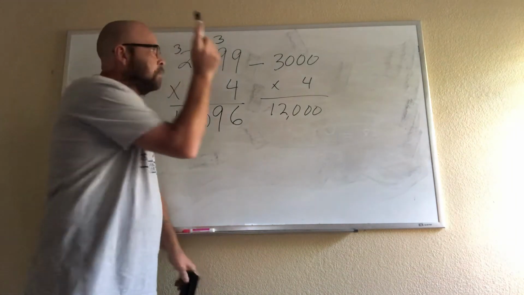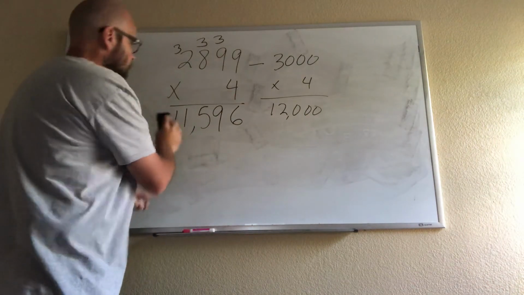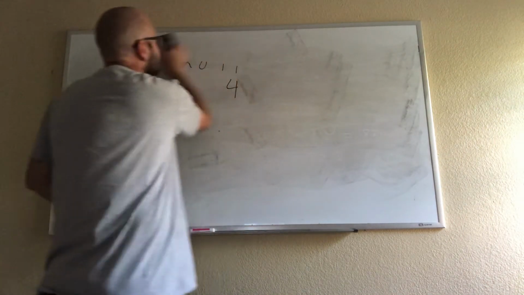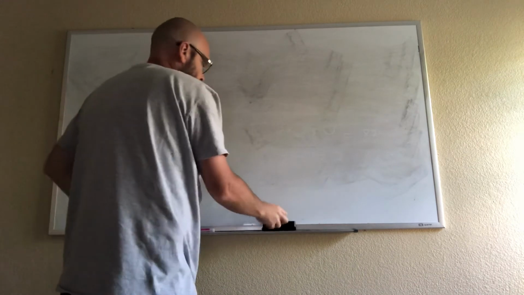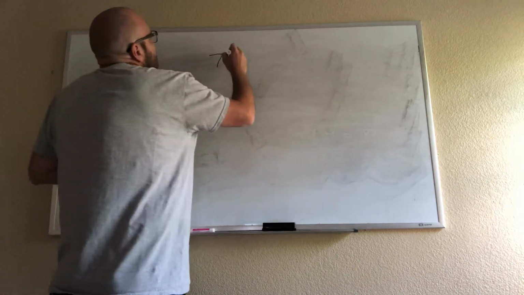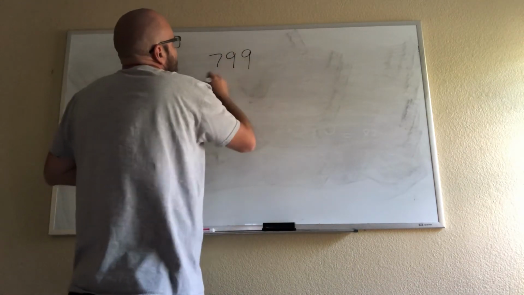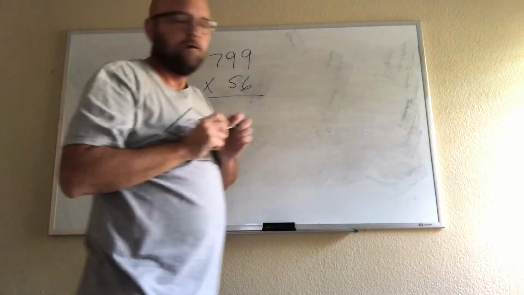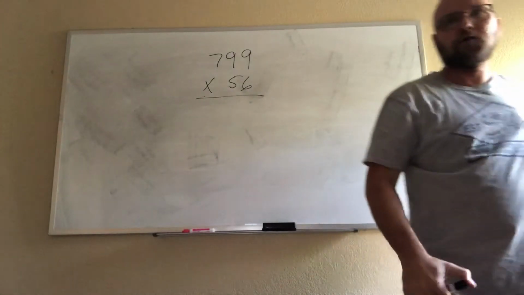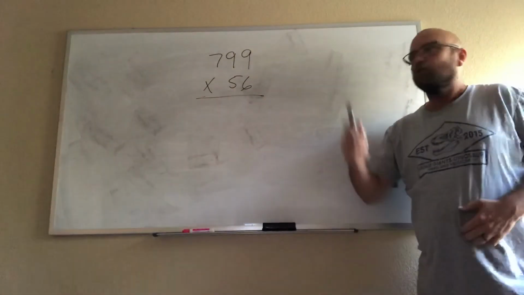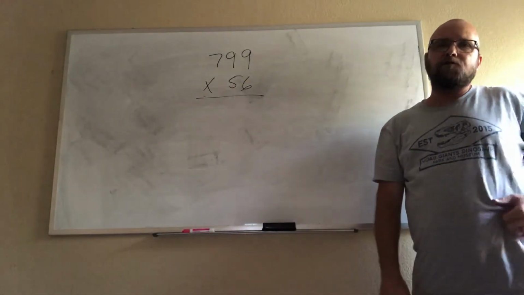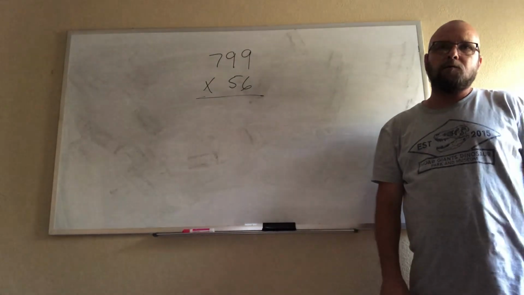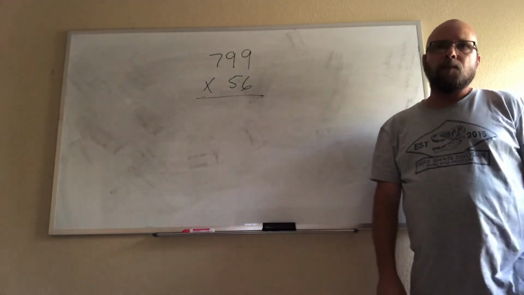And if you can do this problem, let's say 799 times 56, you can do any division we're going to do this year as well. I'm going to do it.